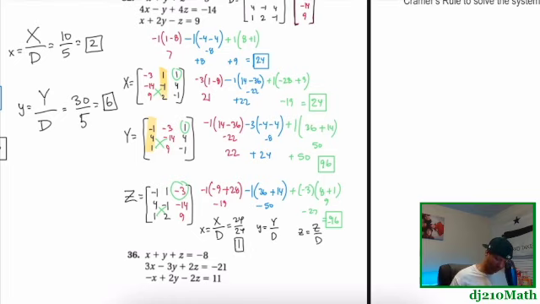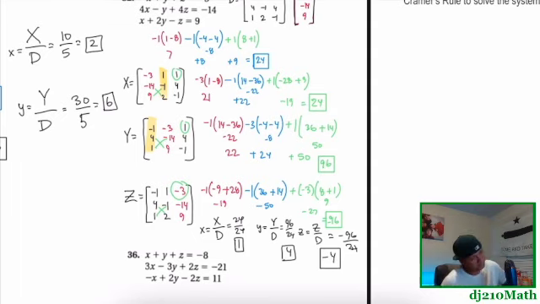So X is equal to 1. Y is 96 over 24. That goes 4 times. And then lastly, -96 over 24, which is -4. So the solution, using Cramer's rule, is 1, 4, -4.